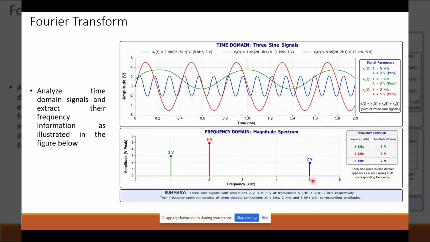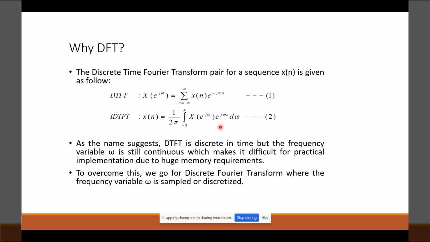And similarly, at 5 kilohertz, a 2 volt signal is available. From the magnitude spectrum, we can understand the frequency easily. Similarly, the nature of the signal can be understood from the phase. So that's why the discrete Fourier transform is used. For the transformation from the time domain to the frequency domain, we always use the discrete Fourier transform.